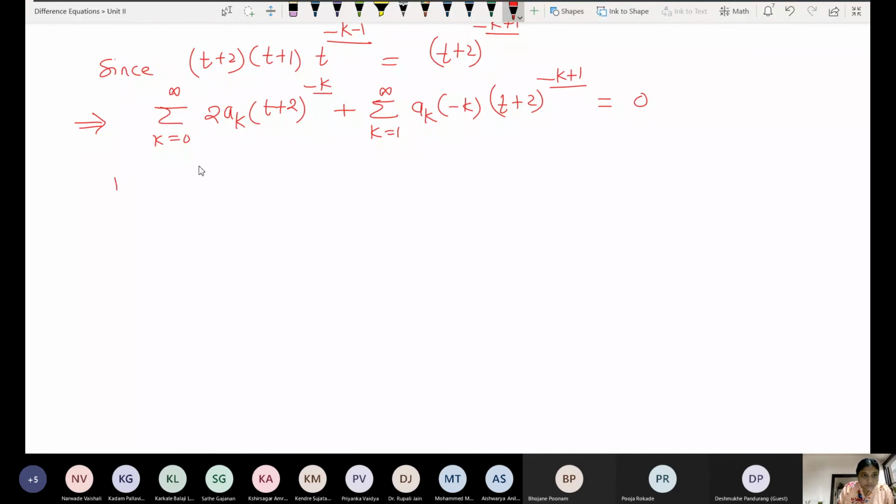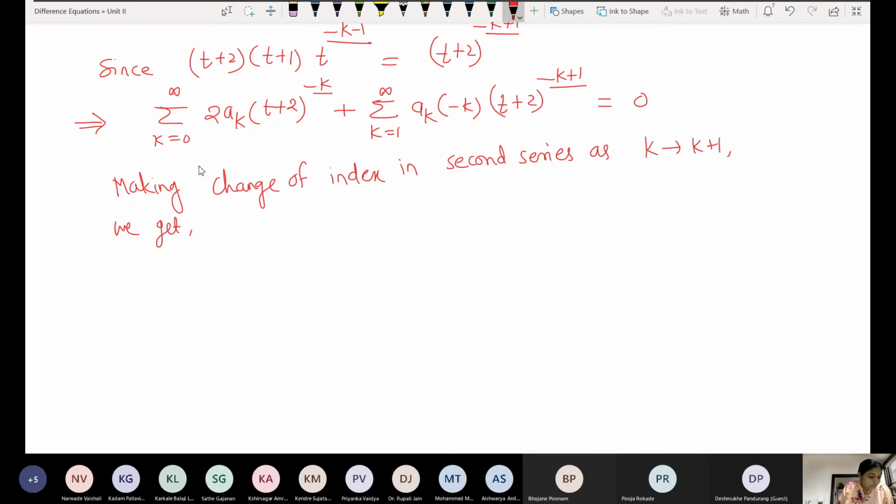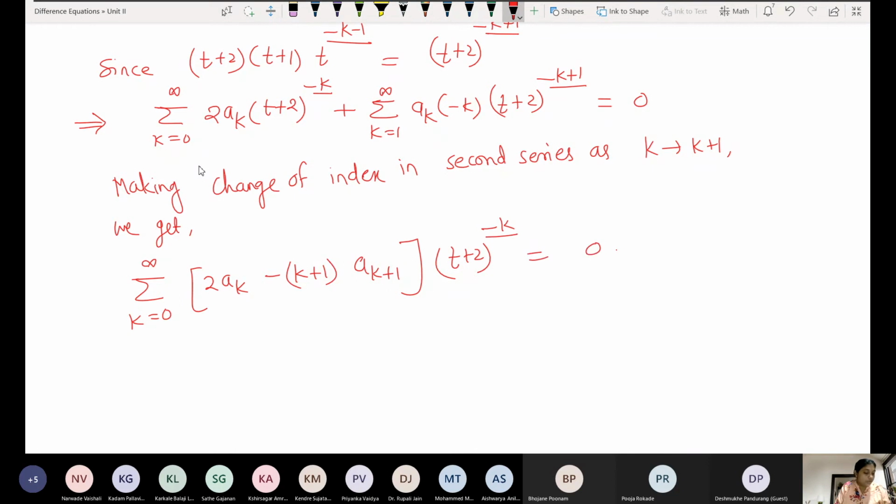So making a change of index in the second term, as k going to k plus 1, we get summation k is equal to 0 to infinity 2 times a_k minus a_{k+1} (k plus 1) t to the minus k falling, which is equal to 0.